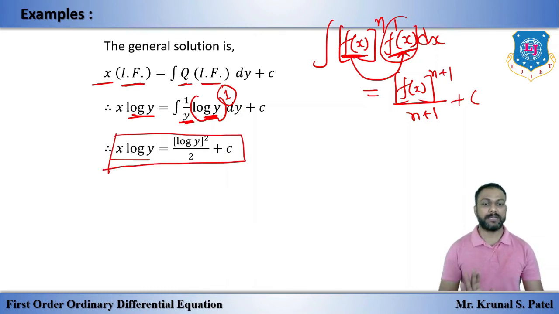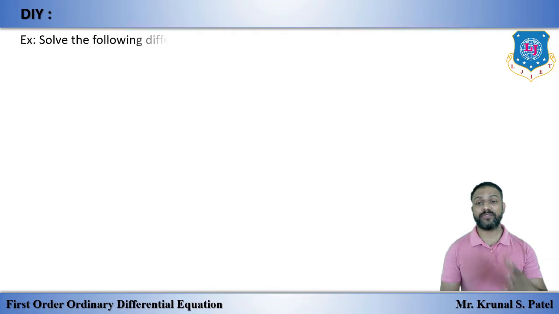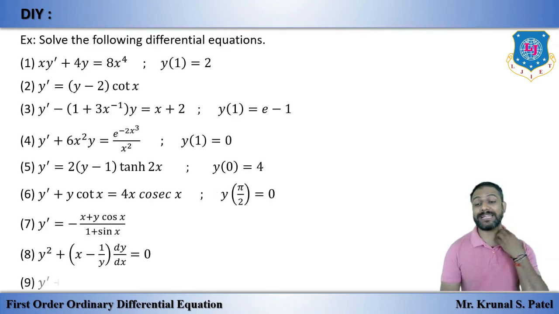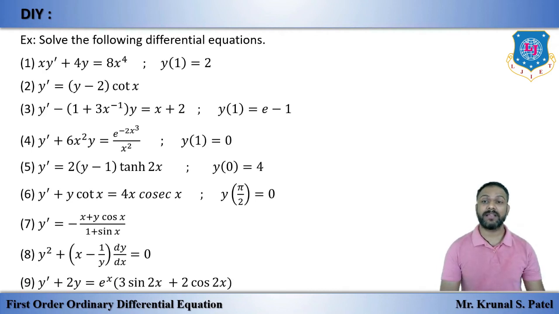So how we identify each and every different differential equation, you should know by understanding each and every example. First of all, we have so many methods, till now we have 7 methods.